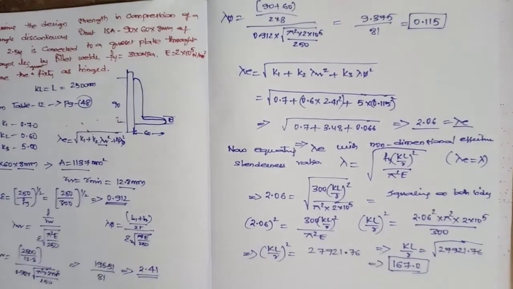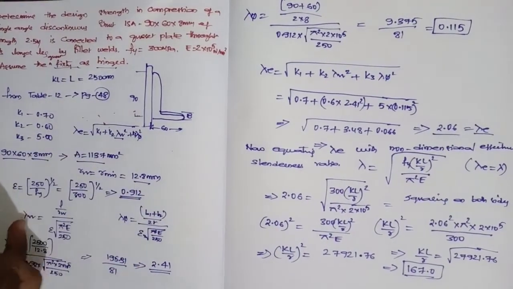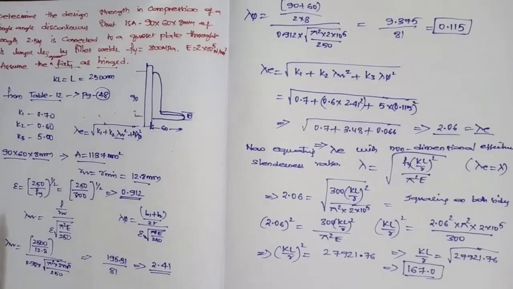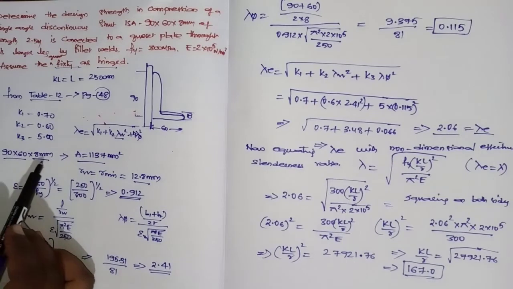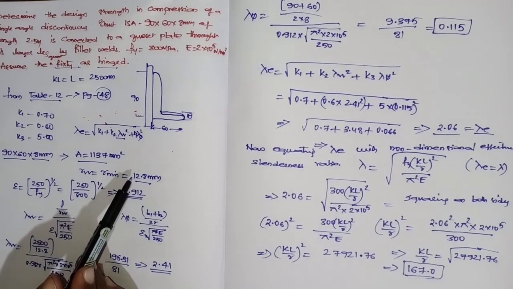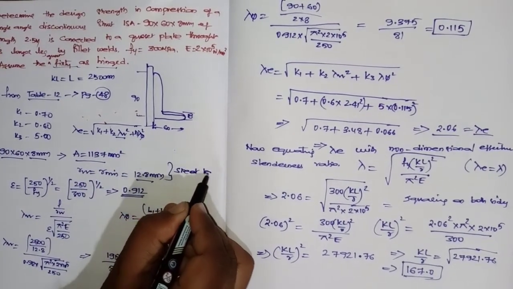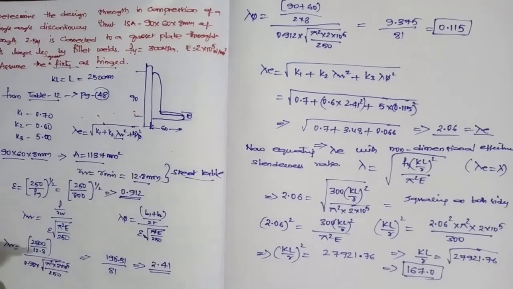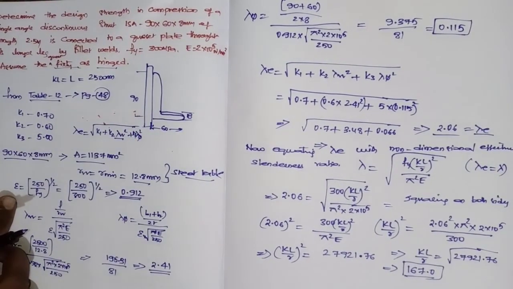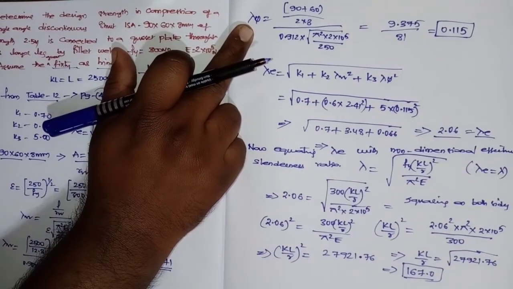Once again, you see this step: we got the conditions. Based upon the conditions, we got the K, K1, K2, K3 values from table number 12. From that you got the angle 90 by 60 by 8 mm. You calculated the area and minimum radius of gyration from the steel table. These two values are from the steel table or SP6 chart. We have elaborated the formula, and we calculated epsilon, lambda VV and lambda phi values.